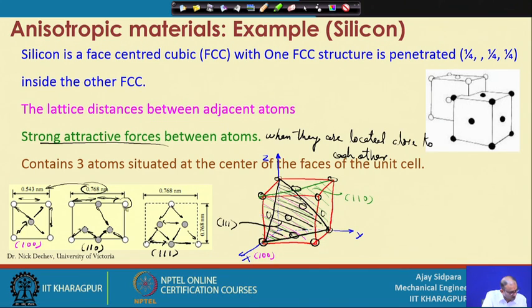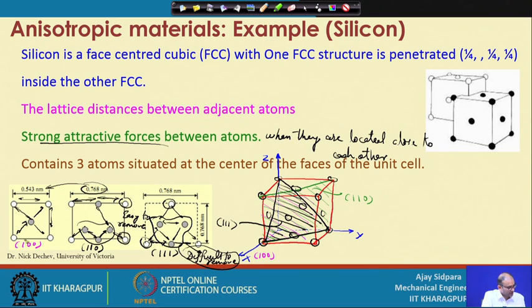So, these atoms located here are easy to remove, and this one and this one are difficult to remove, whether by etching or by some type of machining operation, that is what is happening.